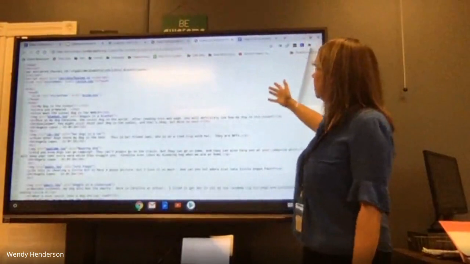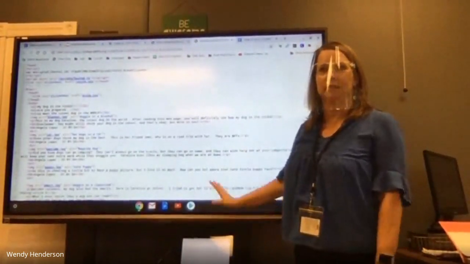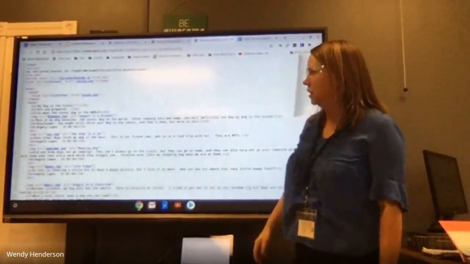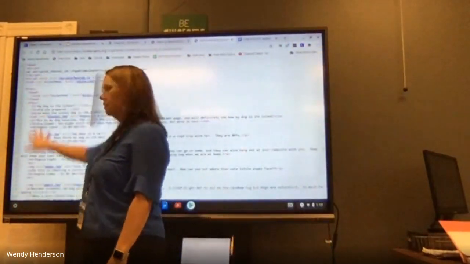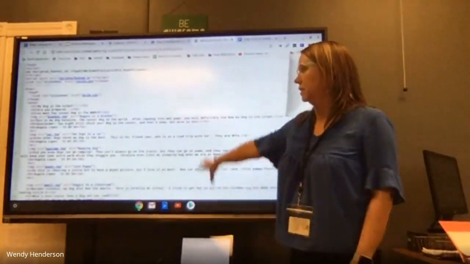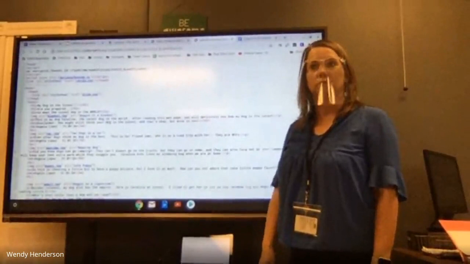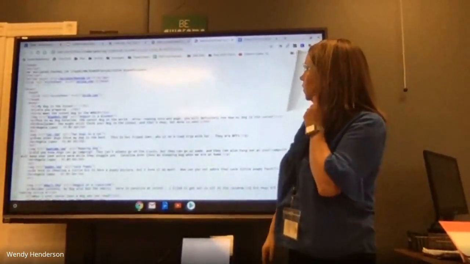Okay, here's an example. I actually just clicked this, did not mean to, but this is the kind of stuff that you will be doing. HTML. How did that pop up randomly?